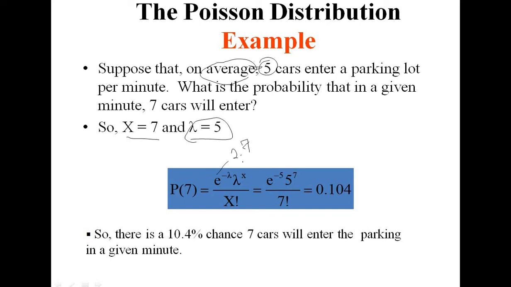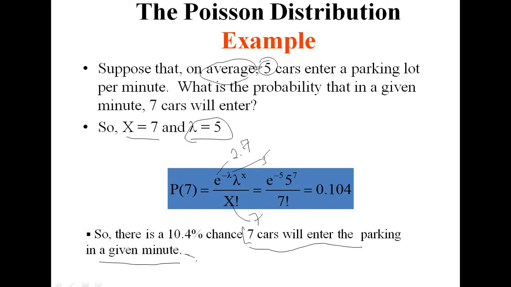So e to the power negative 5, now we know that lambda is 5, and then substitute inside, and x equal to 7. So we'll obtain 0.104. So in conclusion, there's a 10.4% chance 7 cars will enter the parking lot in a given minute.